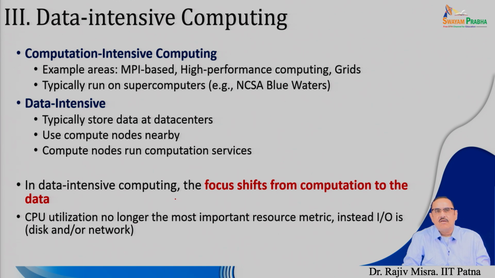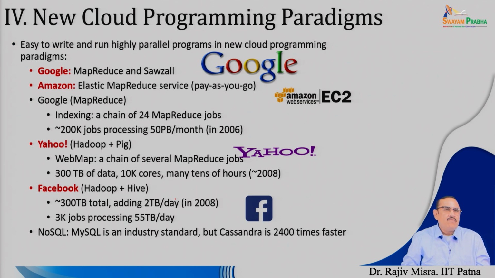Here the computers are ordinary commodity machines, but in large numbers, and data intensive computation is supported. In data intensive computation, the focus shifts from computation to the data, and CPU utilization is no longer as important as in computation intensive computing; instead IO, disk, and network all matter.